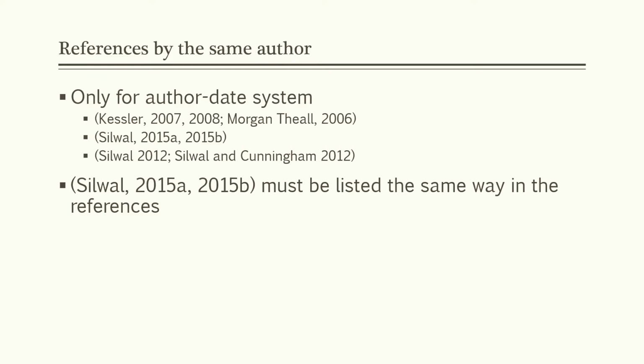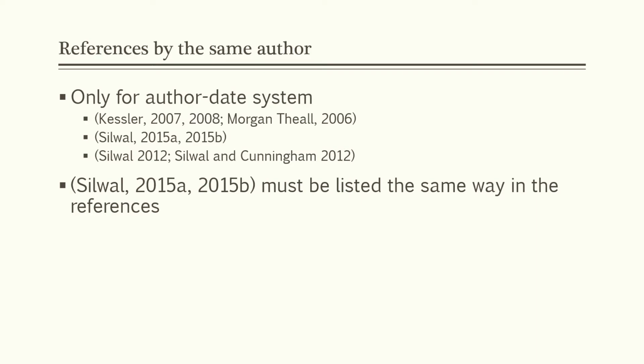If an author has multiple references, this is only for the author date system, because otherwise they're all in the order that they appear in the paper. If the author date system has multiple references, say Dr. Kessler had 2 papers, then you would have to give the two papers with the two different years.